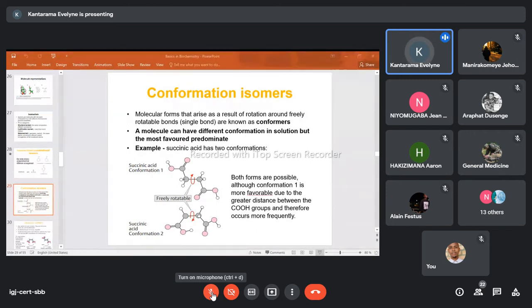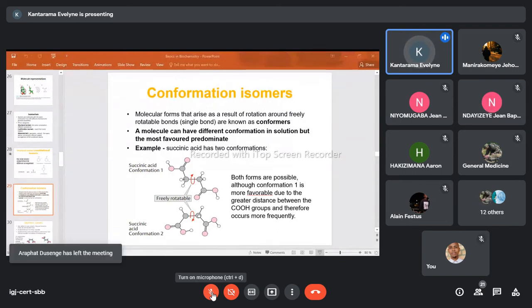We have another carboxylic group here below. And of the 2 conformers, the most stable is this one, where those 2 groups are sufficiently separated to avoid the hindrance.